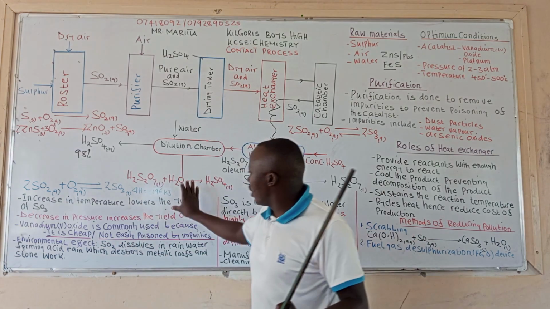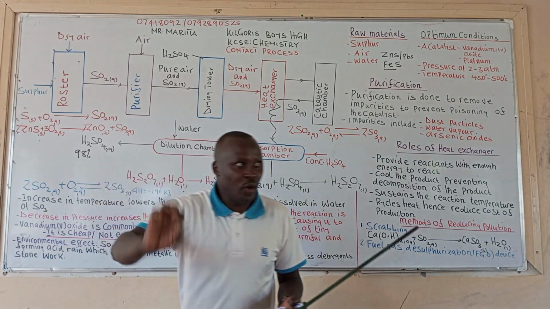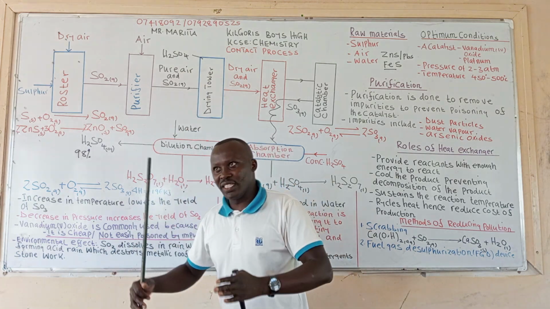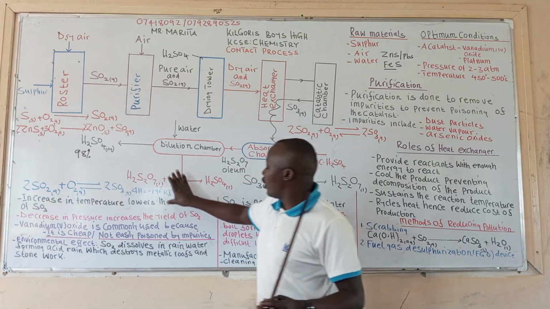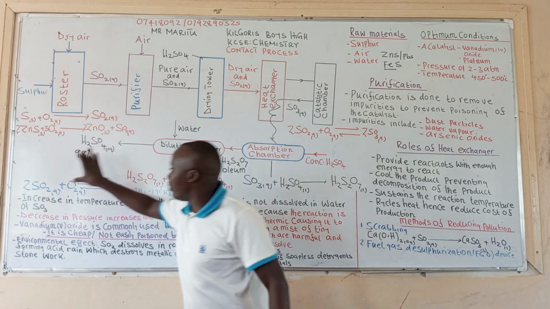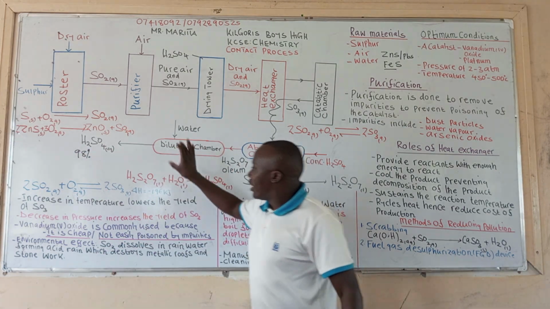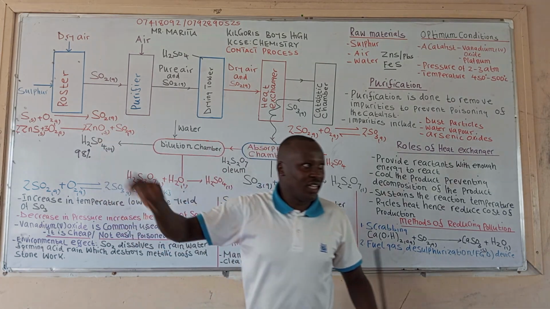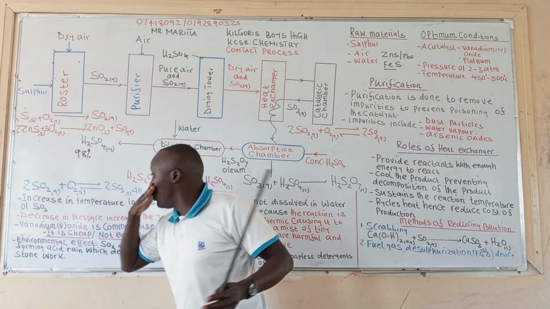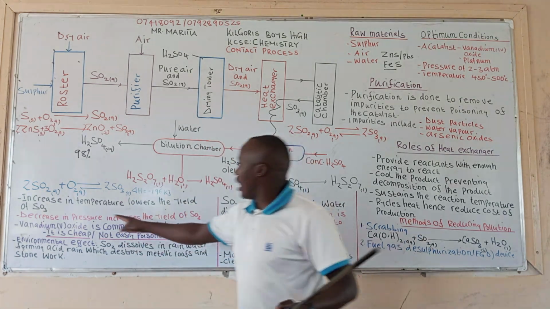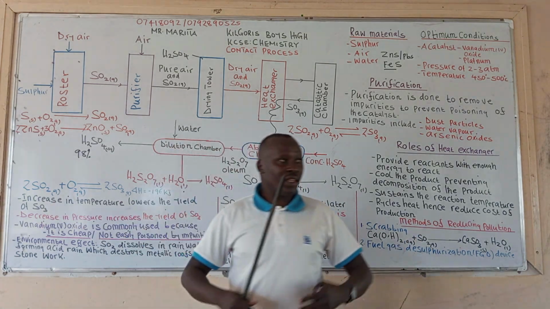The backward reaction here is endothermic, and an increase in temperature favors an endothermic reaction. So when you increase the temperature, the backward reaction will be favored, and there will be a low yield of sulfur 6 oxide.